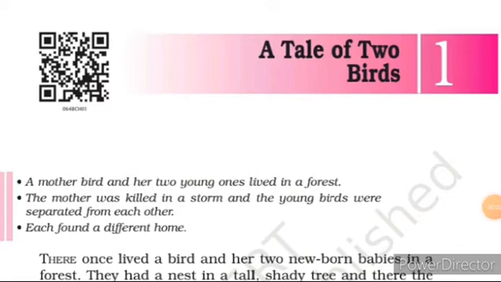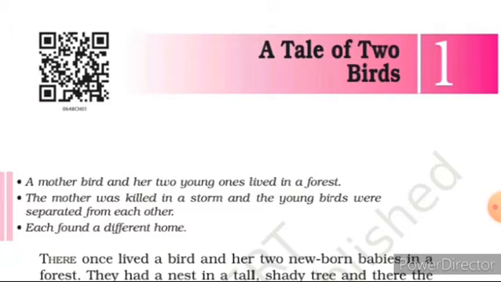Now look at this first page, children. This is our first page of the supplementary, A Tale of Two Birds. A mother bird and her two young ones lived in a forest. The mother was killed in a storm and the young birds were separated from each other.